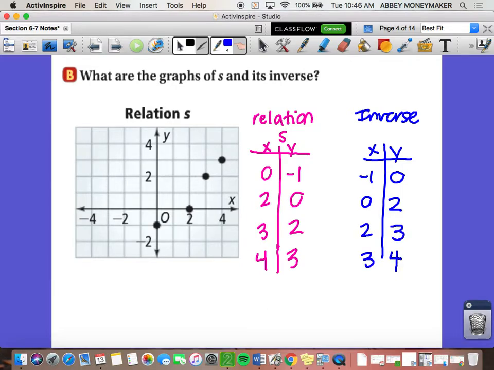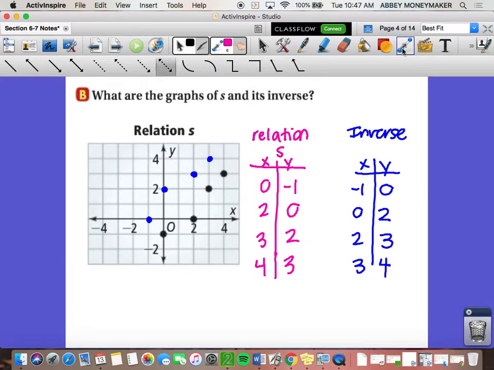So what I'm going to do is I'm going to go ahead and plot those points because I want to show you something that a relation and its inverse have. If you notice those points, there's something going on with them.